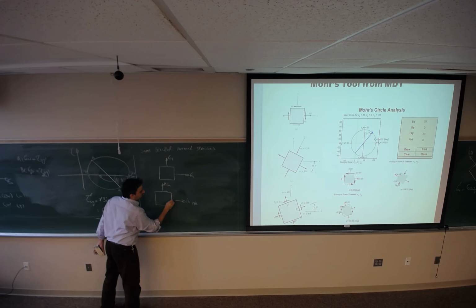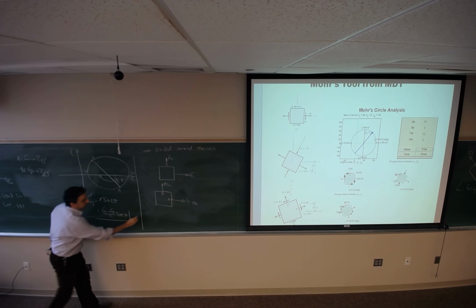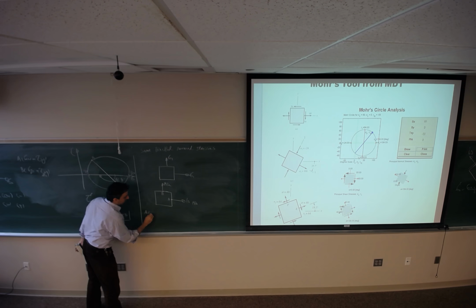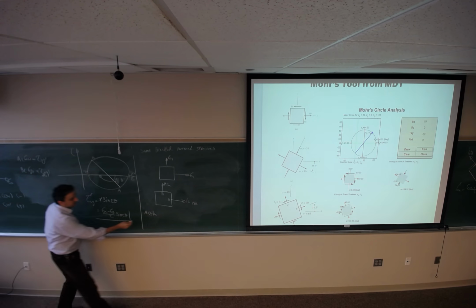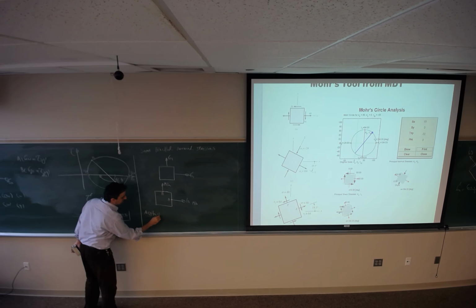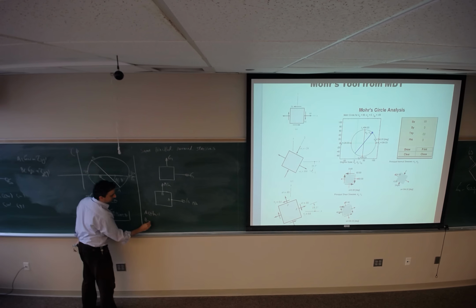We would like to draw the Mohr circle. For point A, the coordinates are positive 10 because it's tensile stress, and no shear stress, 0. For point B, same logic, positive 10, no shear stress.